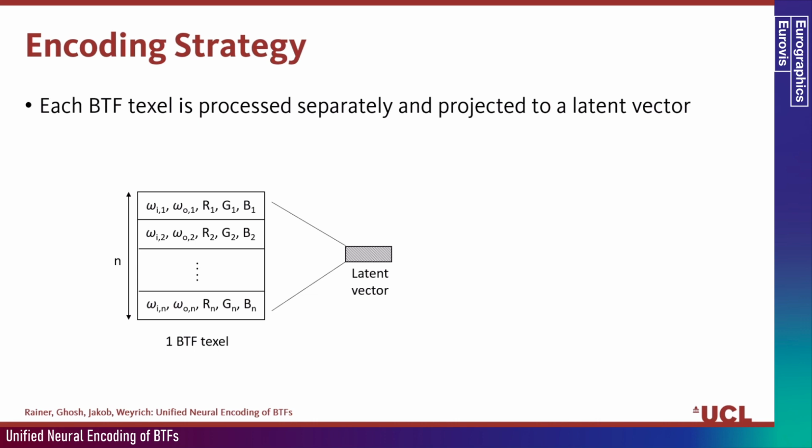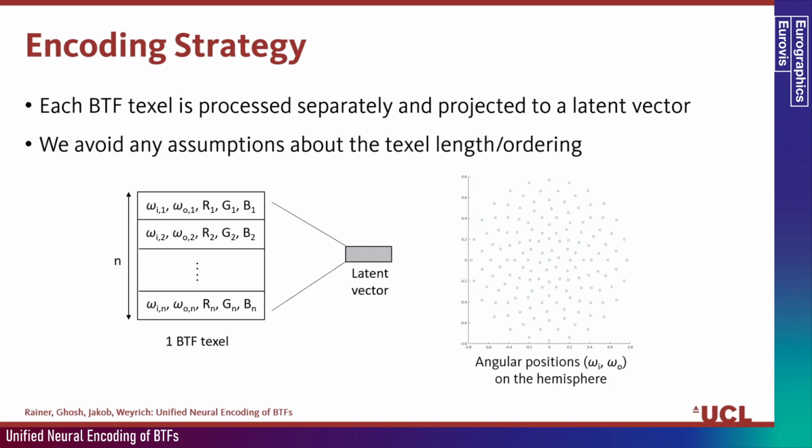This makes a deep learning approach complicated with standard architectures. Traditionally, fully connected layers require a fixed length of inputs, and convolutional layers commonly process inputs that lie on a grid-like structure. The angular BTF measurements, however, can be placed in any arbitrary arrangement on the hemisphere, depending on the BTF scanner.